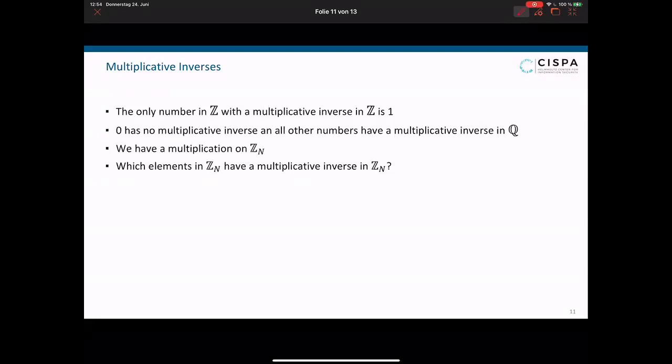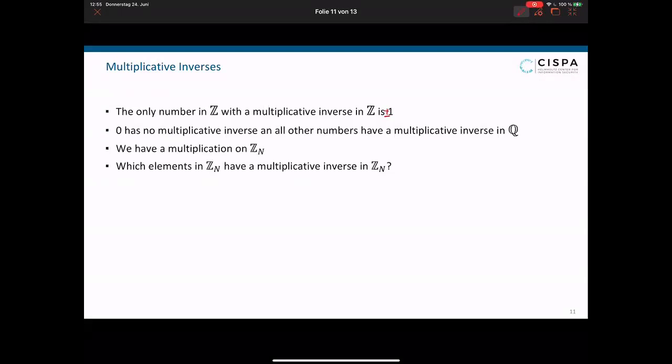Okay, so this should have built up, but clearly in the integers, the only numbers with a multiplicative inverse are plus or minus 1, right? Plus minus 1 have a multiplicative inverse because every time it's just itself.